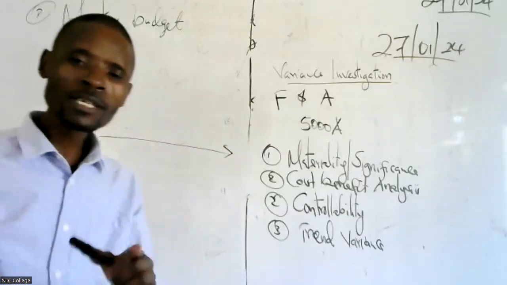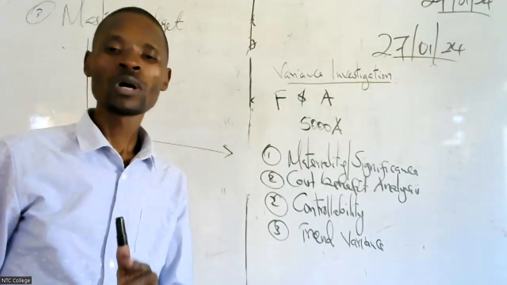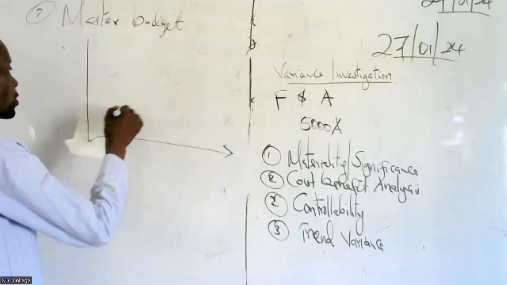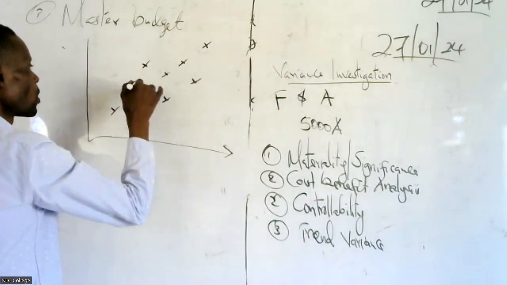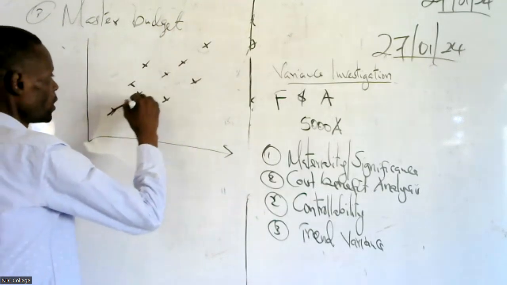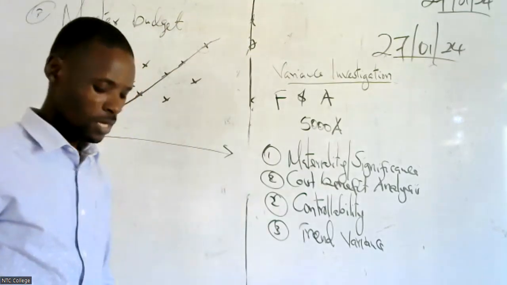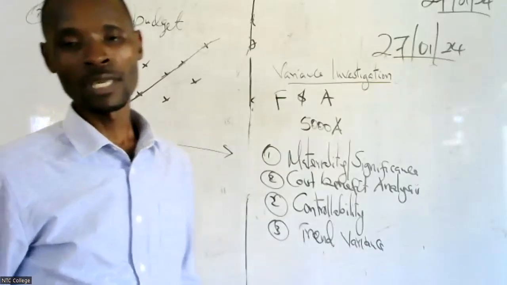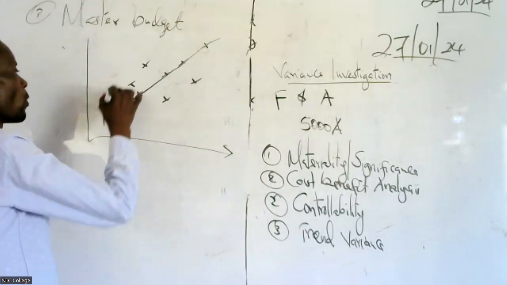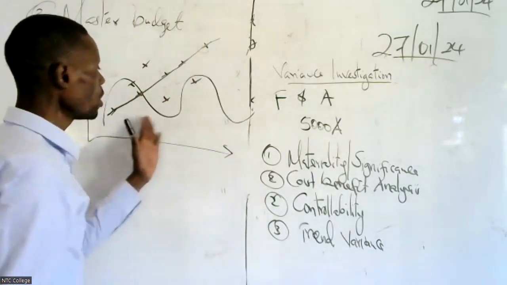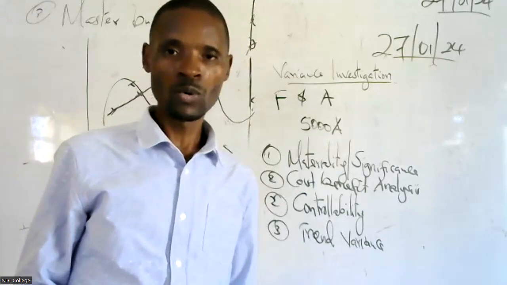If it is an increasing, worsening trend, then you need to investigate. If you plot, you can see there's an increase in variance from January onwards, then you need to investigate. But if it is constant or happens to be like a wave like that, then you don't need to investigate. Are we together?